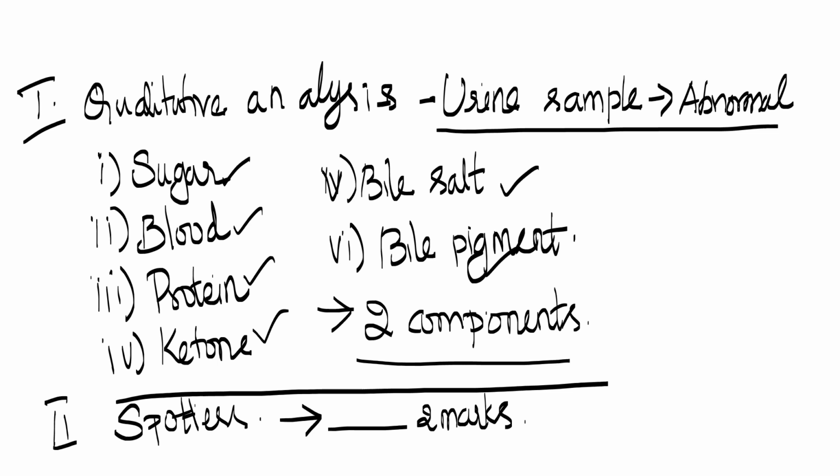You write the result as the abnormal urine constituents present are dash and dash, whatever you found out, one and two. So that's all about qualitative analysis. And spotters, as I told you, you have to identify the spotters and write the contents below. These are the possible questions expected in BPT biochemistry practicals.